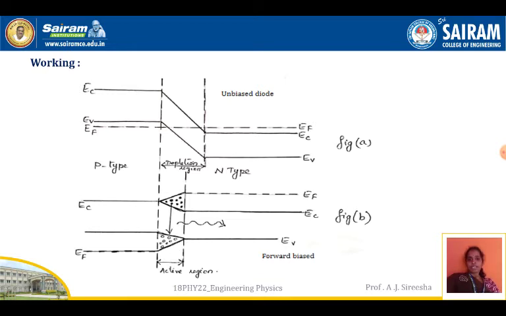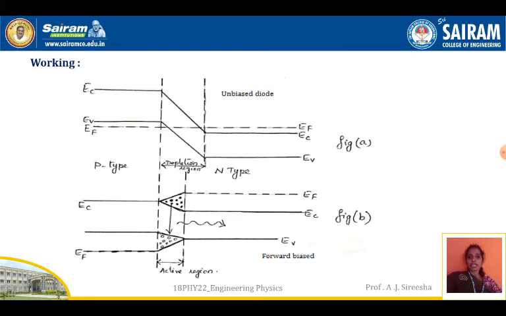Coming to the right-hand side, it is an N-type semiconductor. In an N-type semiconductor, we have an excess of electrons in the conduction band. Therefore, we can say that the Fermi energy lies in the conduction band in an N-type semiconductor. If you see here, in an unbiased diode the Fermi energy level is uniformly distributed, that is the dotted line which is in the same straight line.